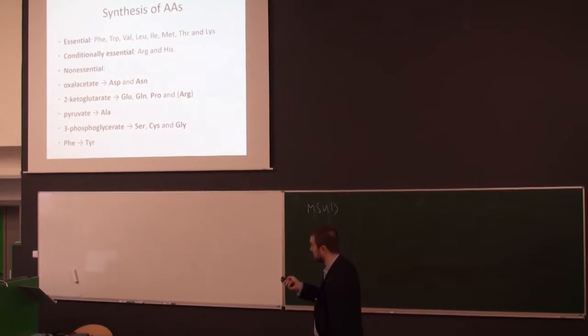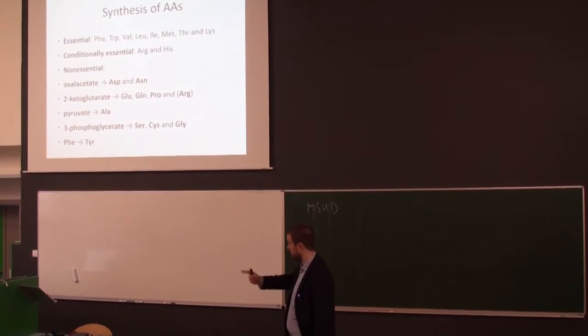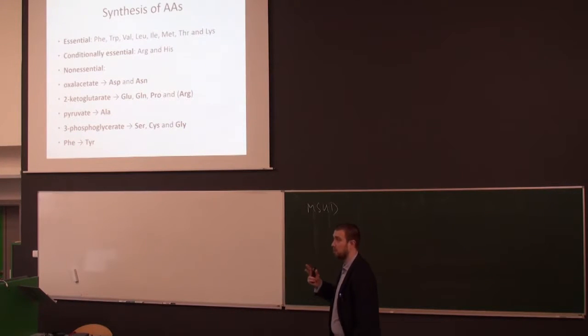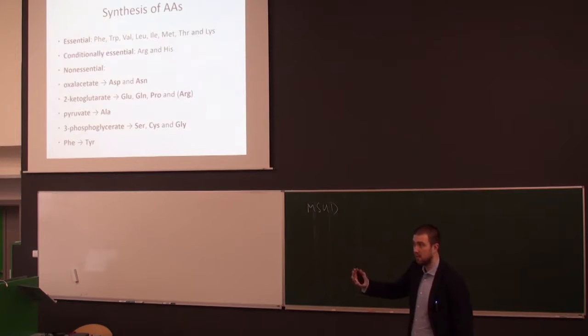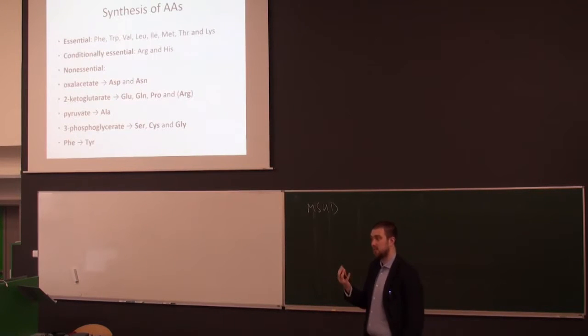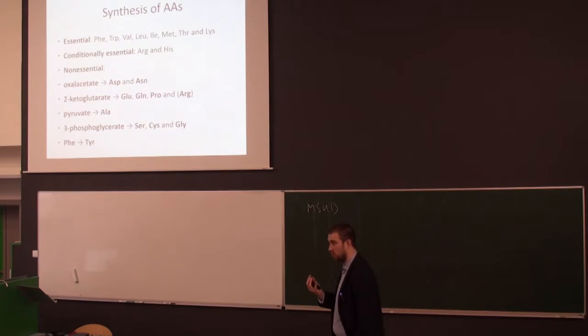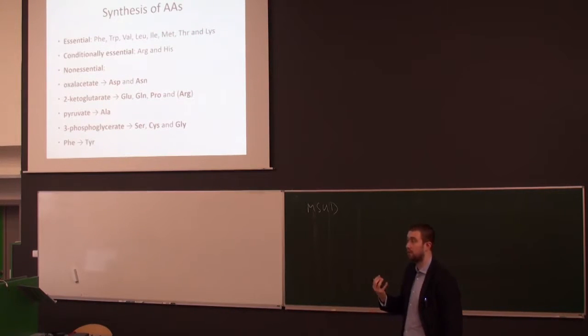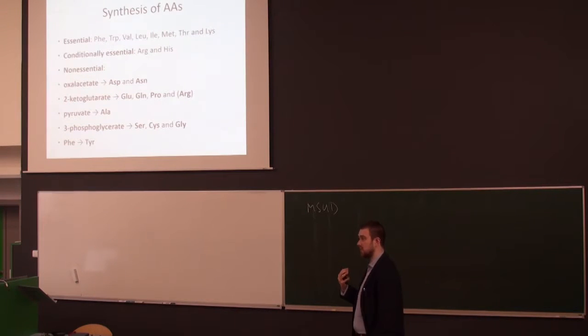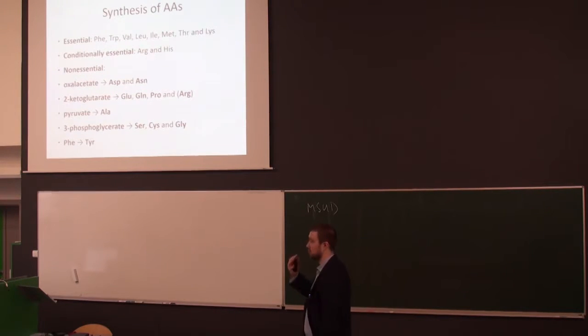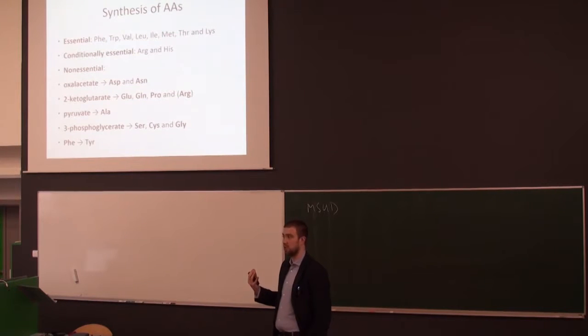And this 3-phosphoglycerate serves as the precursor for serine, cysteine, and glycine. You do not have to know in detail how it's done, but you should know that these three non-essential amino acids are produced from an intermediate of glycolysis. That means the same as glycerol being produced from dihydroxyacetone phosphate.